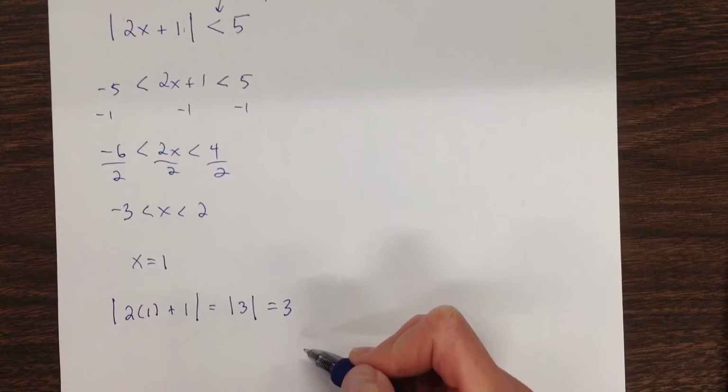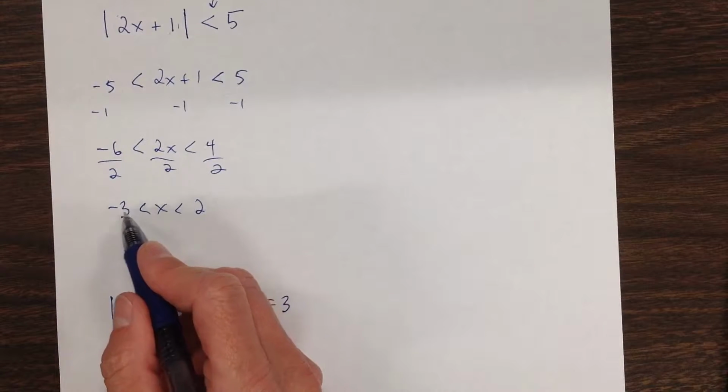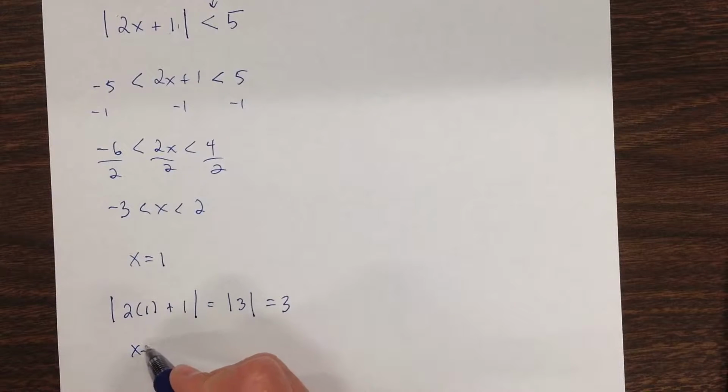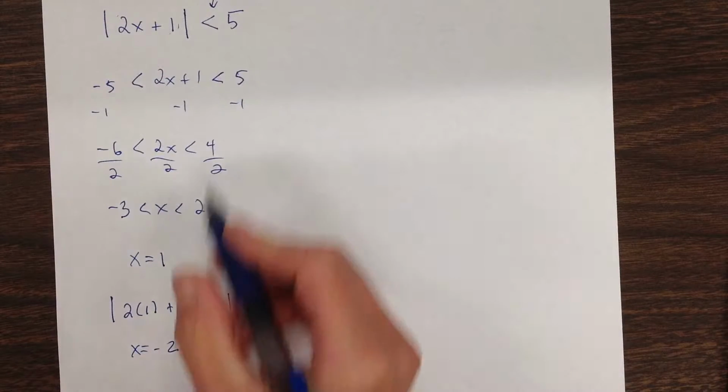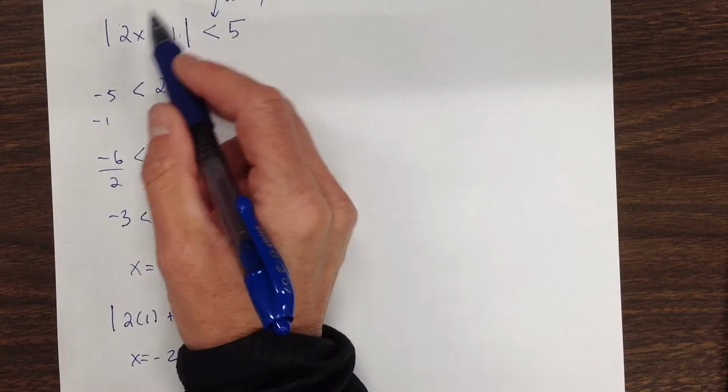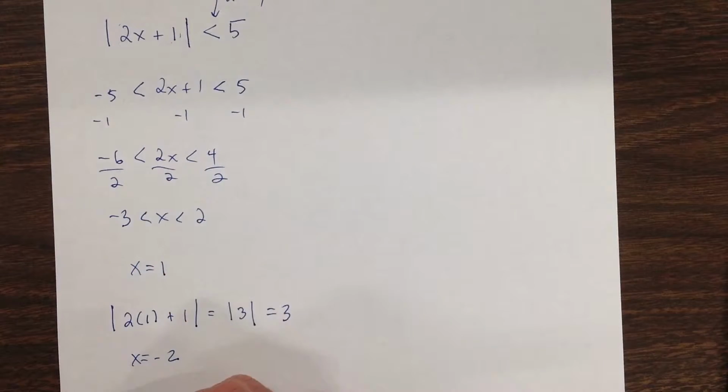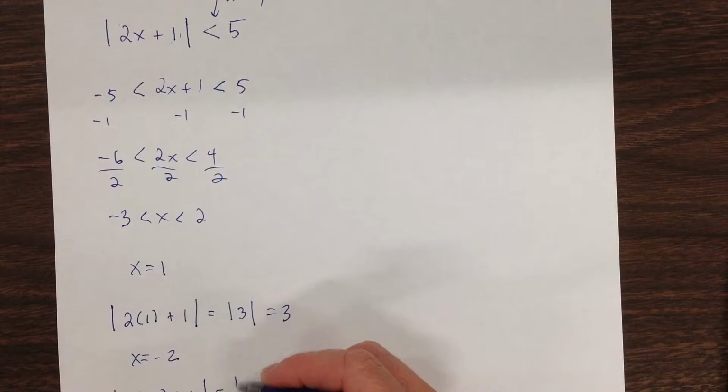If x is equal to, say, negative 2, then I put negative 2 in for that x. I get the absolute value of 2 times negative 2 plus 1, which is the absolute value of negative 4 plus 1.